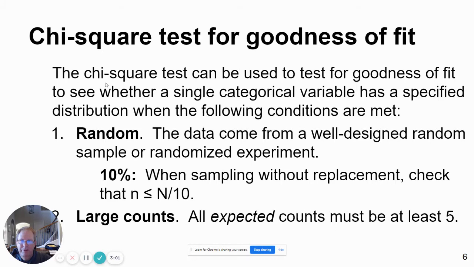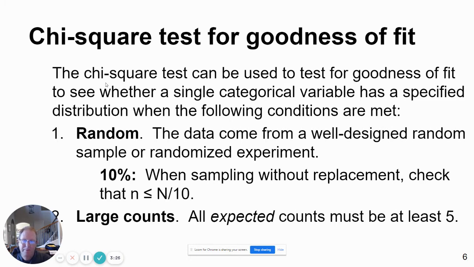Next step, we need to check the conditions. Chi-square tests can be used to test for a goodness of fit to see whether a single categorical variable has a specified distribution when the following conditions are met. The first thing we have to check is, does the data come from a well-designed random sample or a randomized experiment? The second condition is the 10% condition. We want to check that when sampling without replacement.